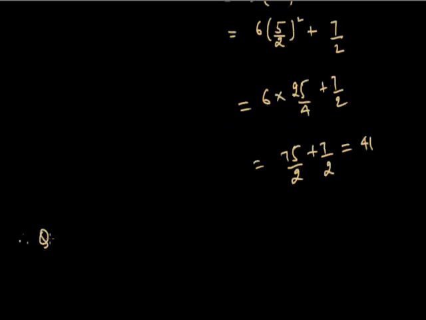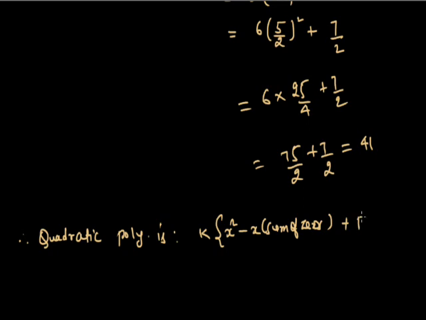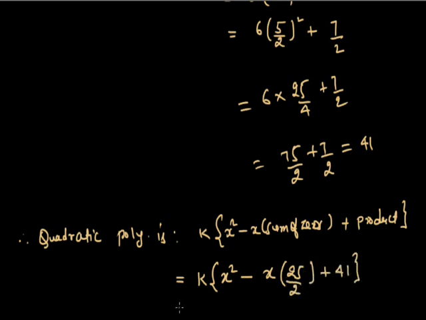Therefore, quadratic polynomial is k times x square minus x times sum of zeros plus product of zeros. So this will be equal to k times x square minus 25 by 2 x plus 41, where k is real number.